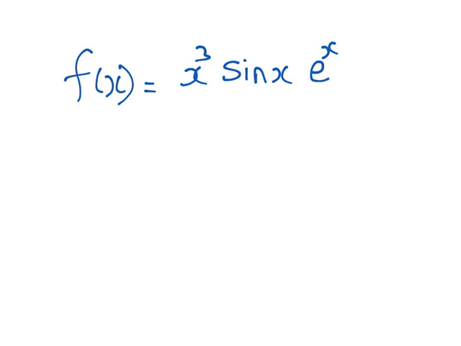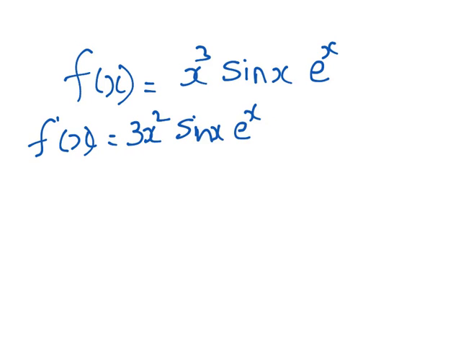Okay, let us use the product rule for three functions, which is f dash of x equals first term. So the derivative will have three terms. The first term will have the derivative. First, I'll differentiate x cube, which is 3x squared. I'll keep the second and third term as it is, that is sin x into e power x, plus the second term. I'm going to differentiate the second function now.